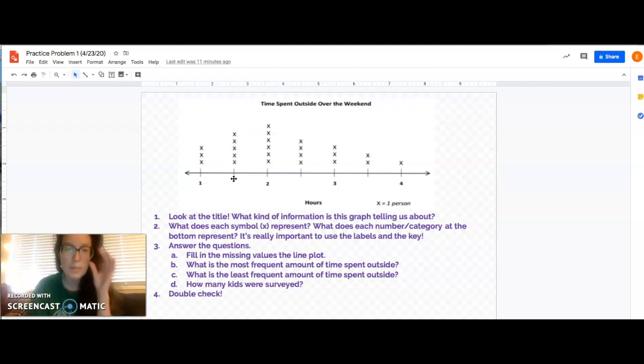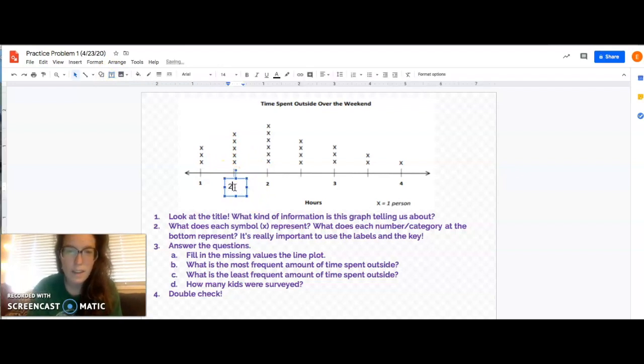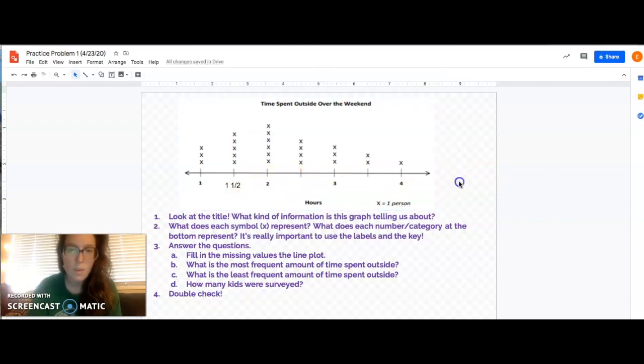What comes halfway between 1 and 2? If you said 1.5, you are correct. So I'm going to add that in there. 1 and 1/2. We'll stretch it out a little bit so it looks right. There we go.